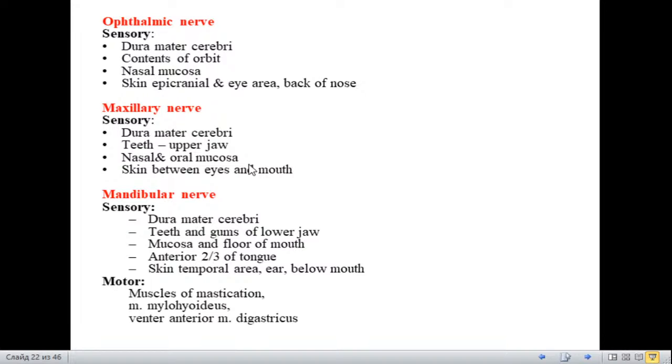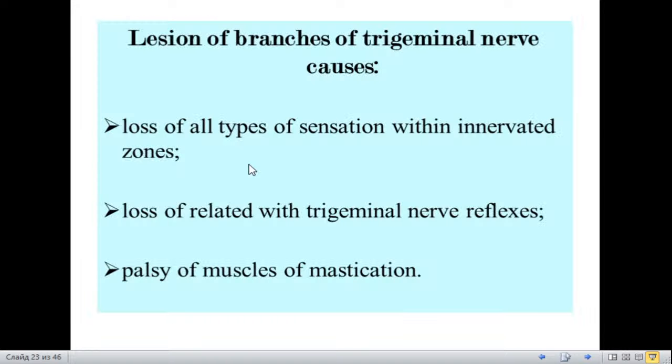They are musculus mylohyoideus and the anterior belly of the digastric muscle. Damage to the trigeminal nerve causes loss of all types of sensation within innervated zones. It means general sensation, not special. Then loss of reflexes related to the trigeminal nerve and palsy of muscles of mastication.